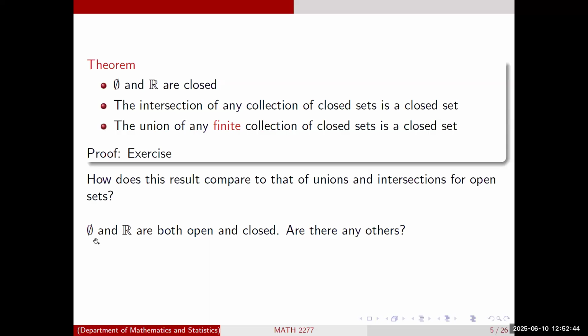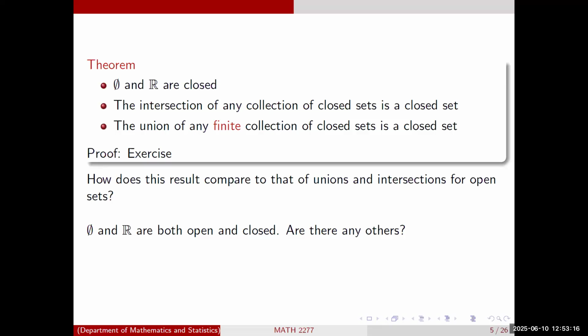So in the real numbers, where we are studying all of this, the empty set and the real numbers are both open and closed. Are there any other sets in the real numbers that are also open and closed? The answer is no. I wouldn't put this on an exam, because for you all, this is the only topology you know about.